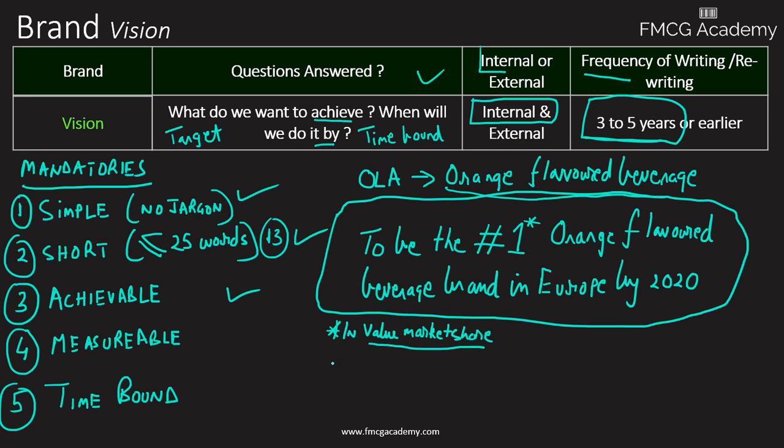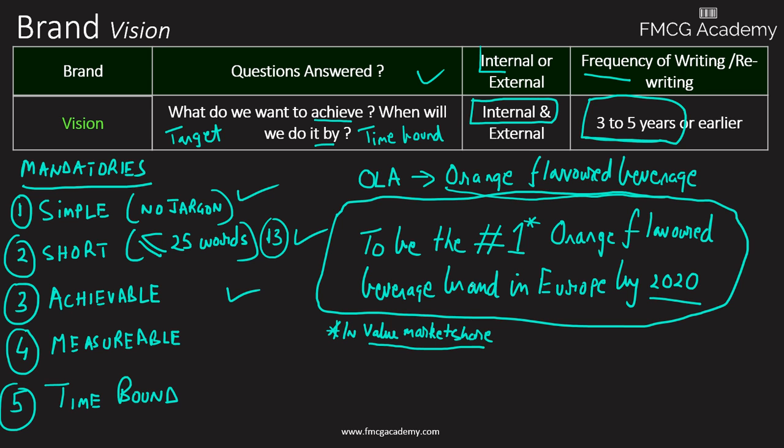Now, obviously, you're assuming in this vision statement that most of the organization knows what position you are in now. You could be number three with 21% market share, for example. So they're saying, okay, in 4 or 5 years, you need to be number one. And you can specify what sort of market share that'll possibly look like, but you can also leave it open at number one. It's time bound. Yep, it is time bound by 2020.